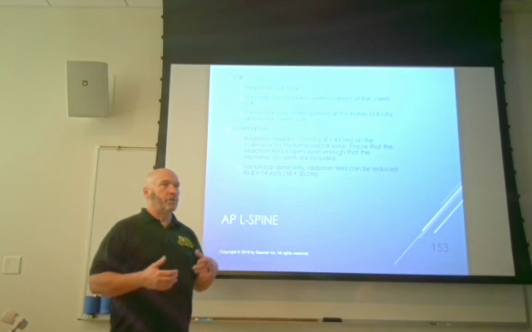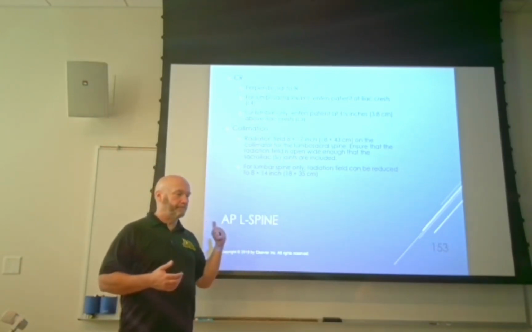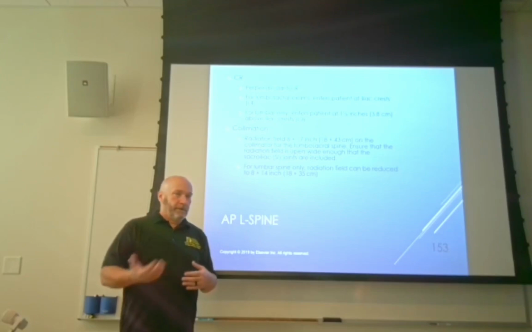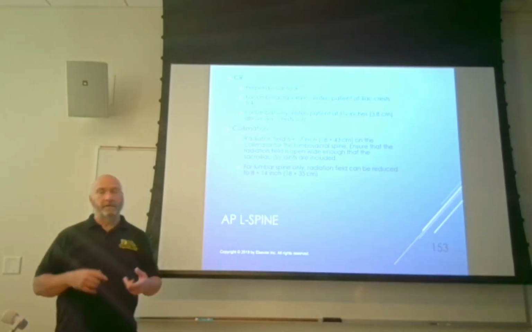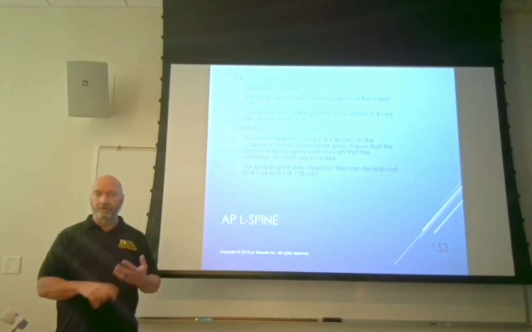Some doctors are going to want, even on a non-trauma patient, they're still going to want a KUB. The reason for that is a lot of things can cause back pain. Kidney stones can cause back pain, gallstones can cause back pain.